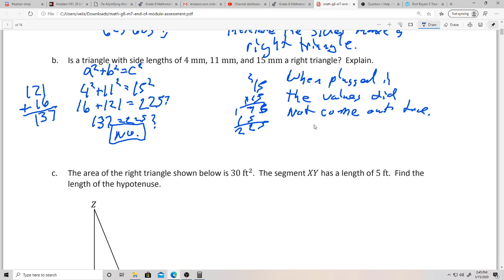All right, how about you might want to say it did not satisfy the Pythagorean theorem. Okay.